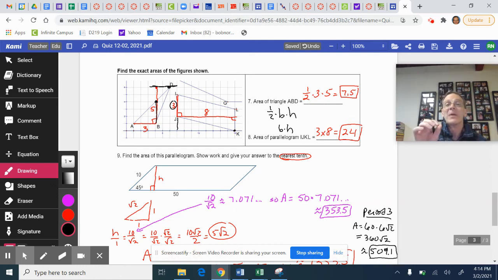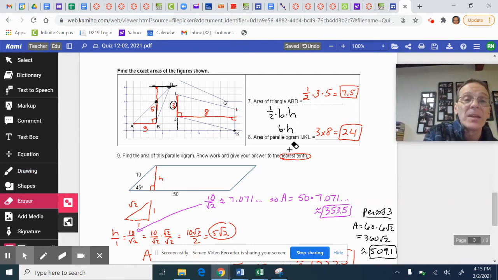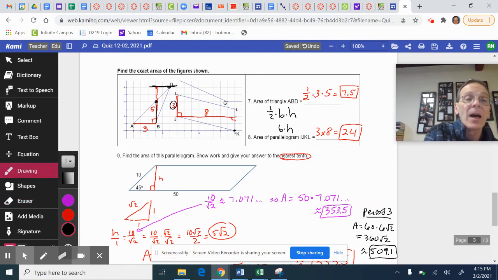No, the base is always exactly whatever the length of a side of the figure is. You never have to extend the base or draw it through anything like that. The base here is 3. The height must be at a right angle to that base, and it must go all the way to the other base, which is 8. Pretty much nobody messed up on the height being 8, but a bunch of people used 5 for the base.